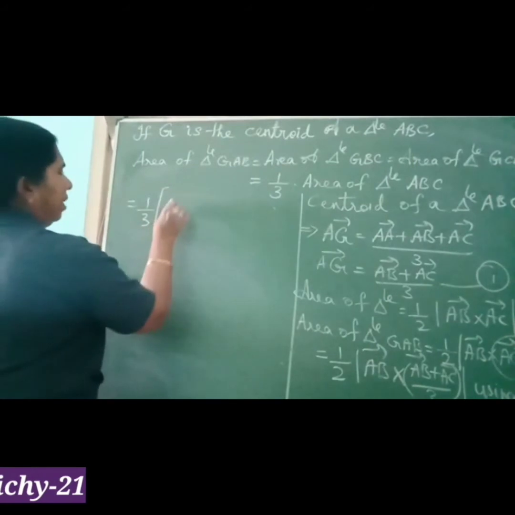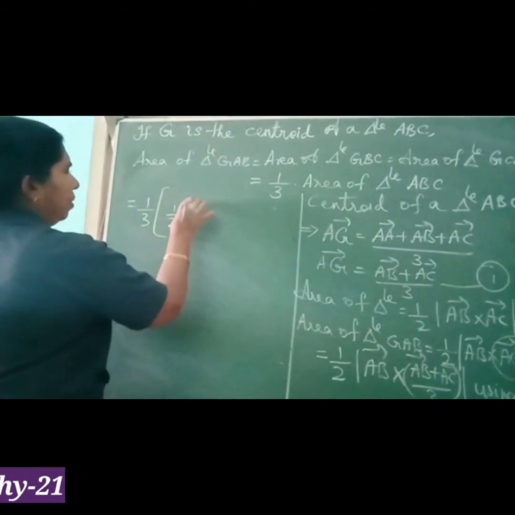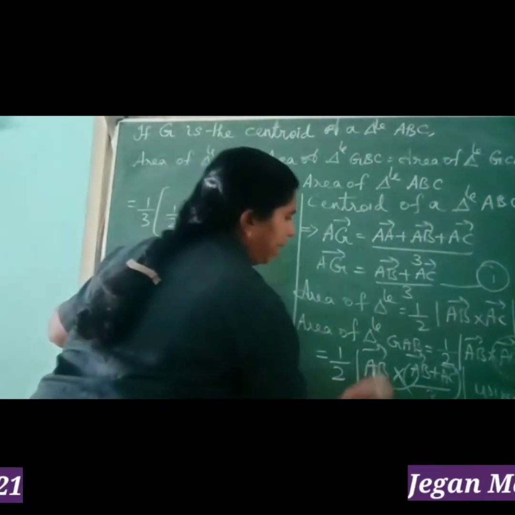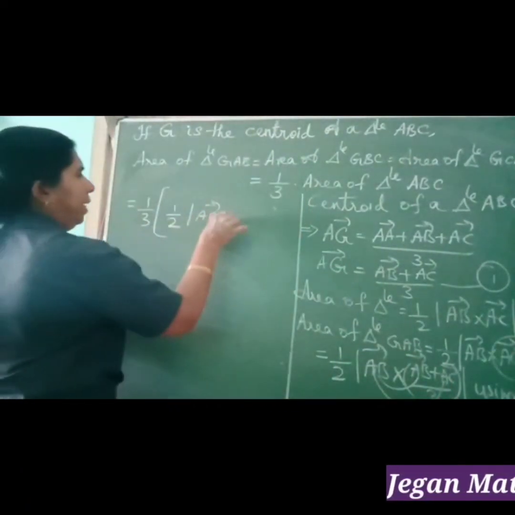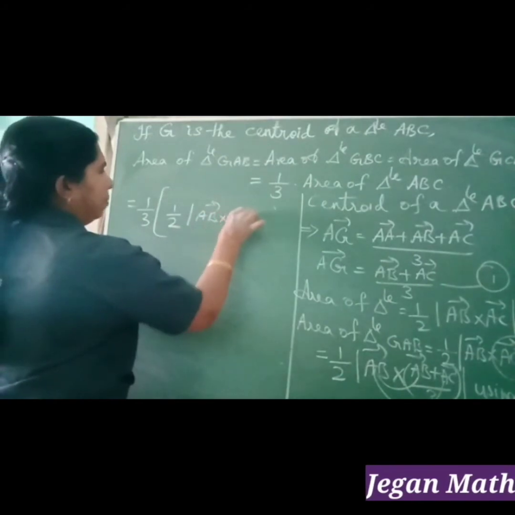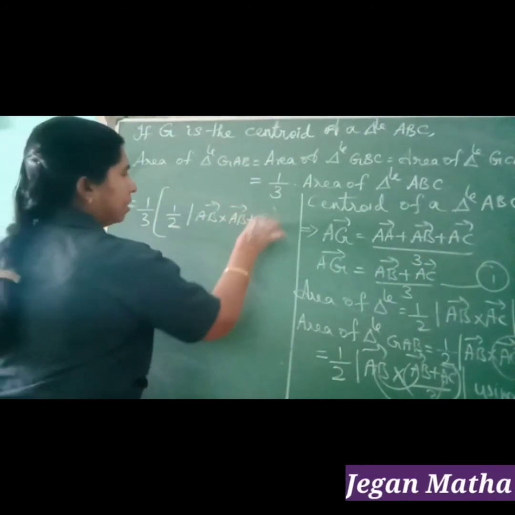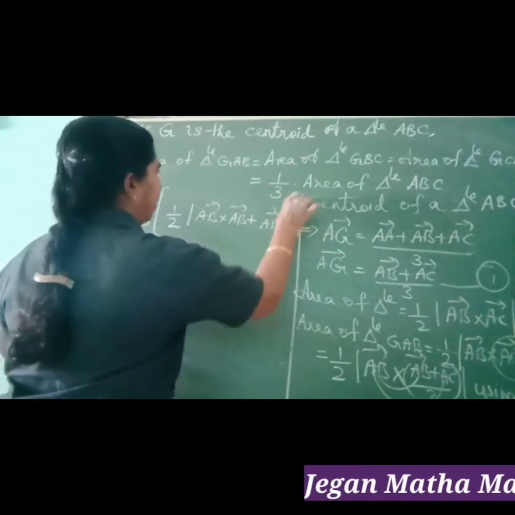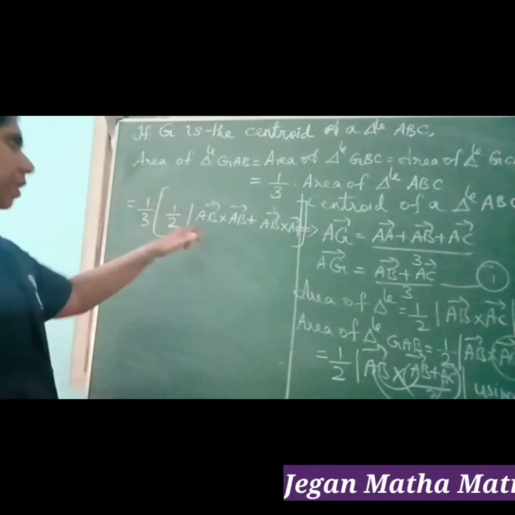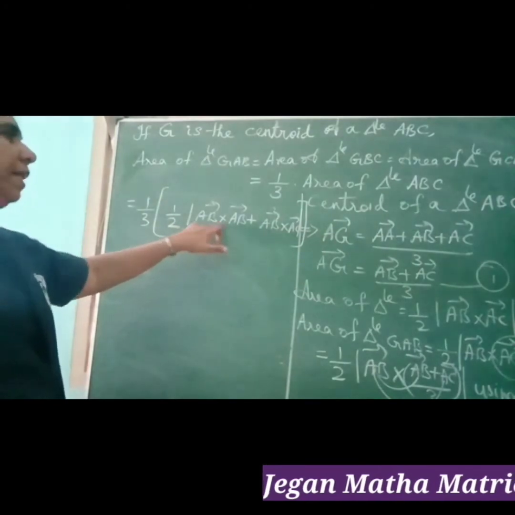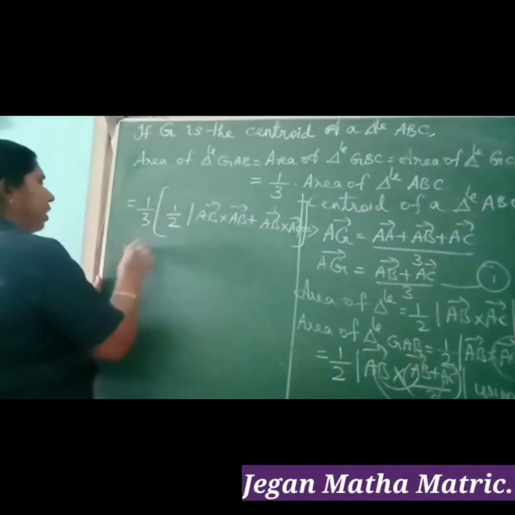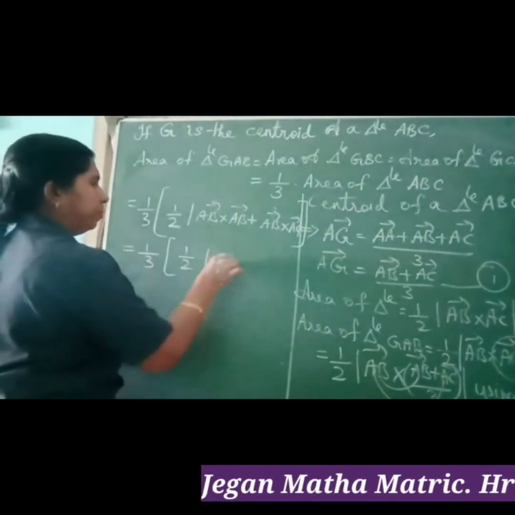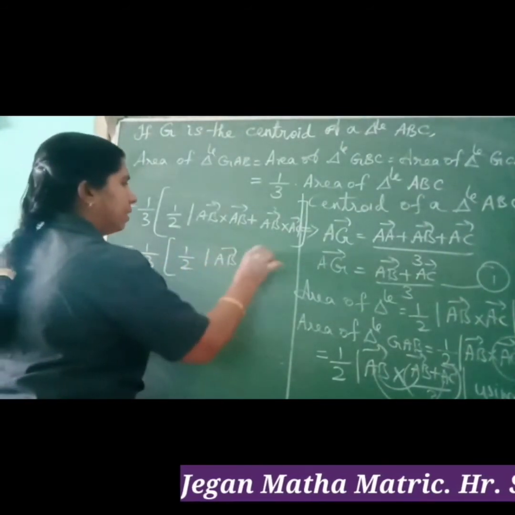Remaining, you are having 1 by 2 into AB cross AB plus AB cross AC. Cross product of two same vectors, AB cross AB, equals 0. Now we are getting 1 by 3 into 1 by 2 AB cross AC.